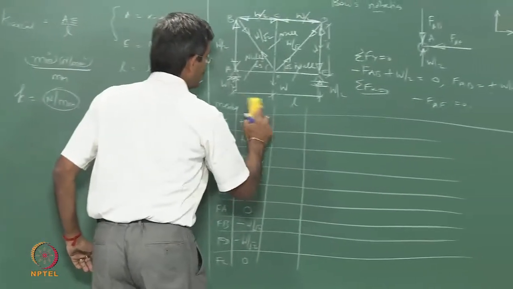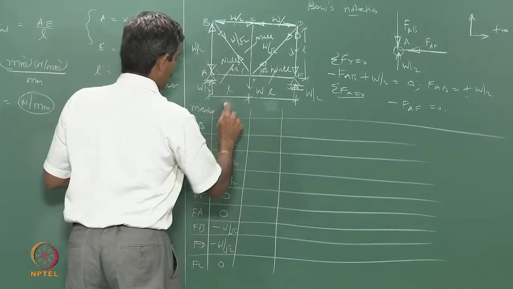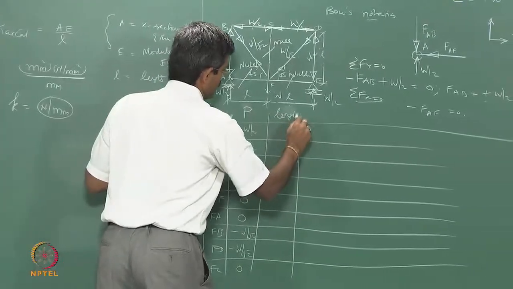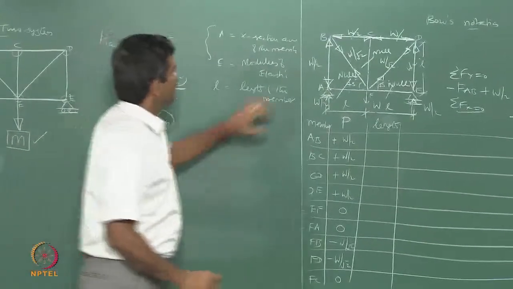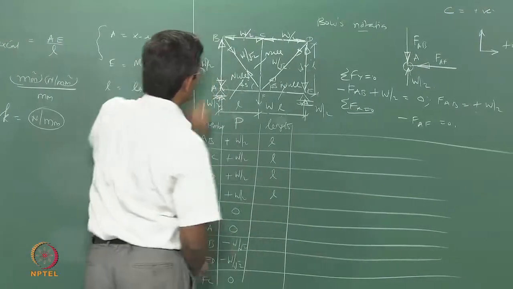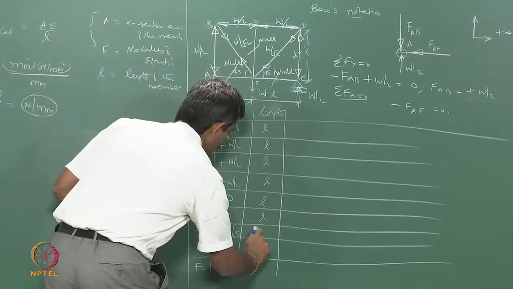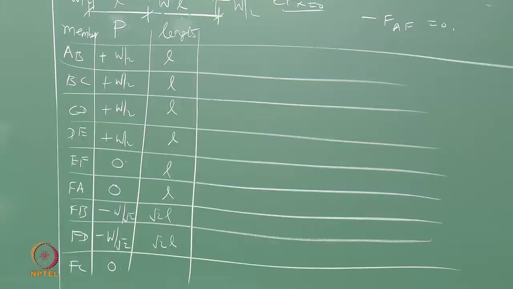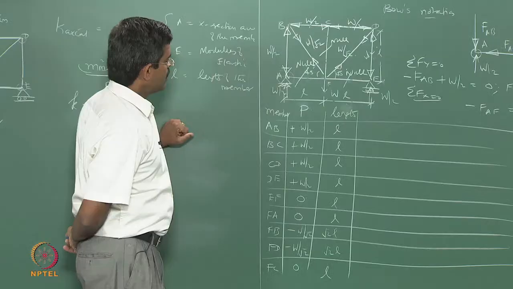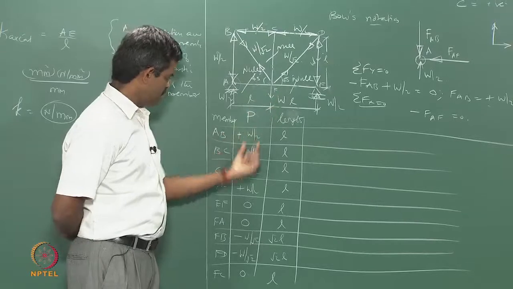For clarity, I will just rub this and write it on the top. This is L and L. So, these are the forces, capital P, and let us write down the lengths of the members. AB is L, BC is L, CD is L, and these are all L, and this is root 2 L. Now, the internal forces in each member because of W applied here are given here.